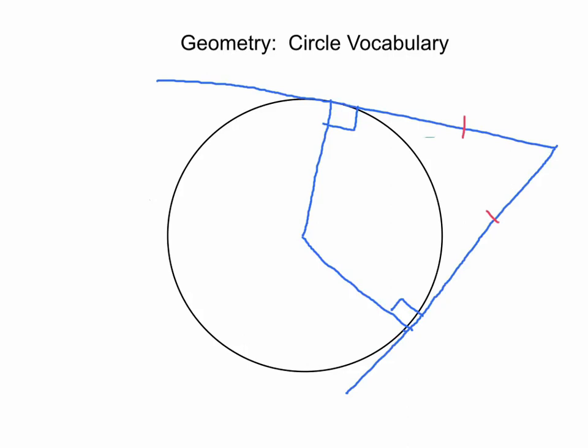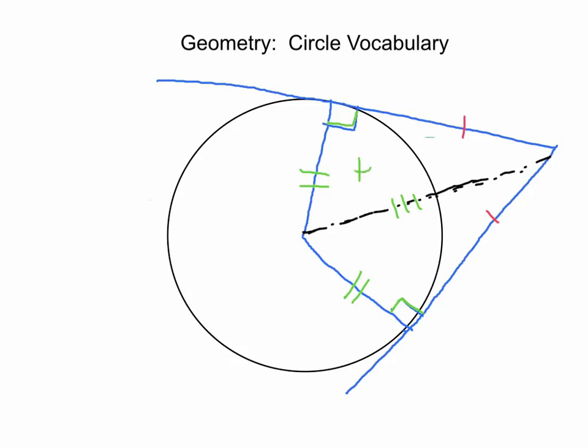And here's why. We could actually create a couple of triangles in this picture. I'm going to change the colors here. We know that this segment is congruent to that segment because those are 2 radii of the same circle. We know they share this common segment, and they both have right angles.